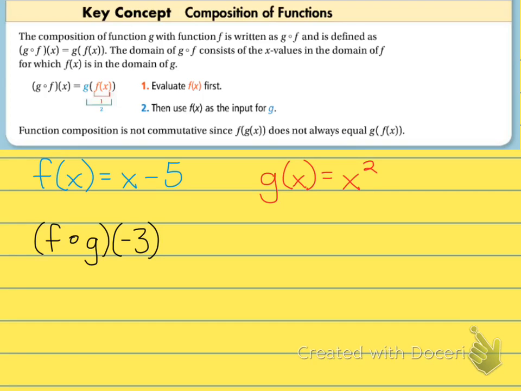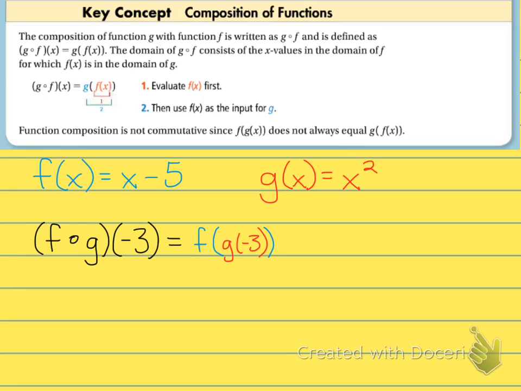I'm going to work from the inside and work my way out. That is the same thing as taking all of g of negative 3 and putting that value into the f function. So g of x becomes embedded in the f of x function. That's where it becomes a composition. I'm taking two functions and creating one function altogether.